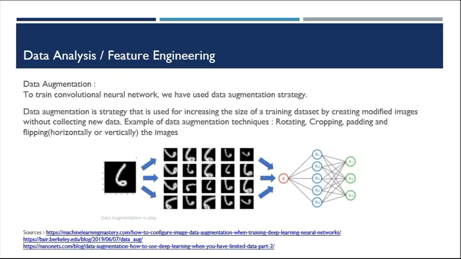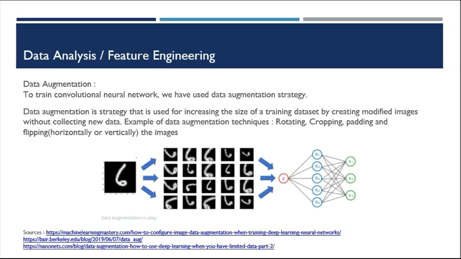To train CNN, we use a data augmentation technique. Data augmentation is a strategy used to increase the size of the training dataset by creating modified images without collecting new data.